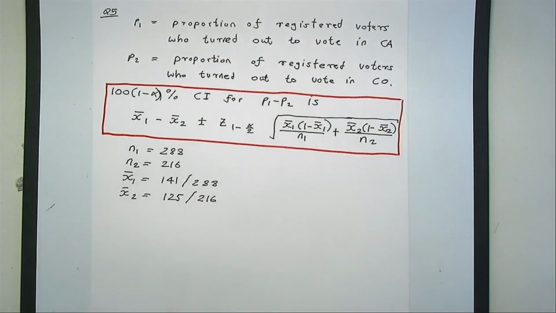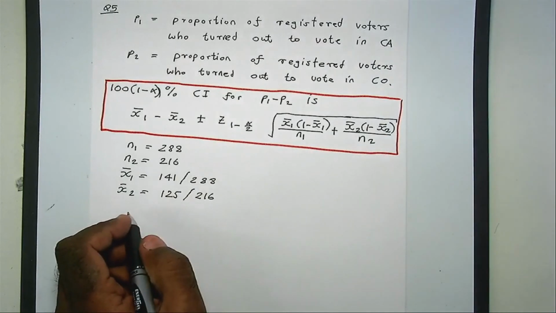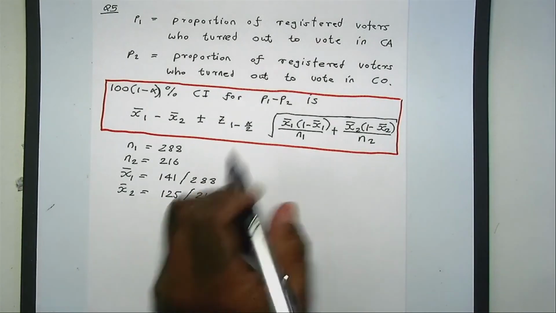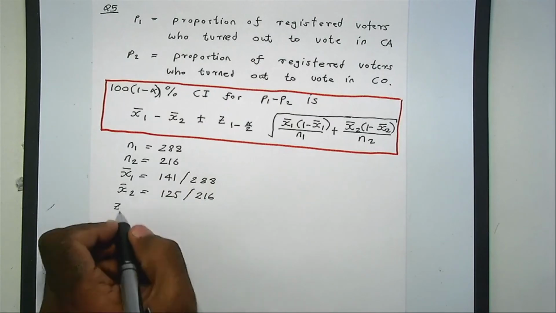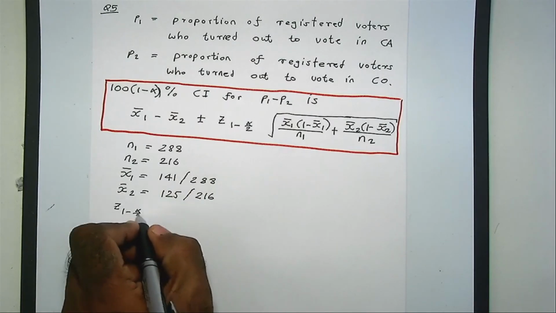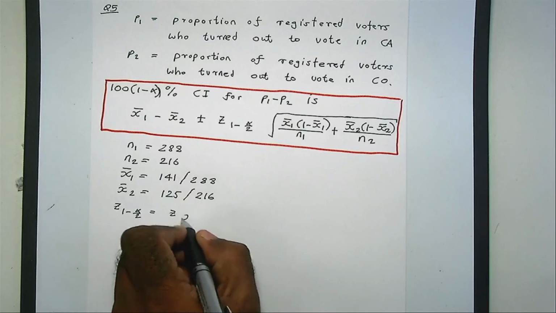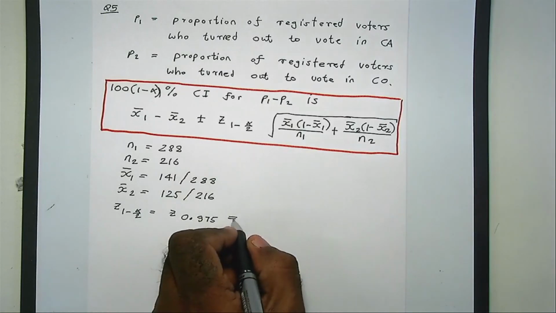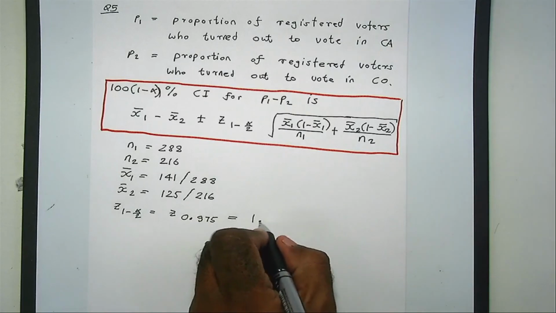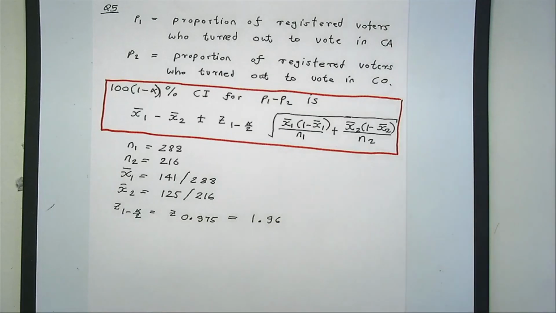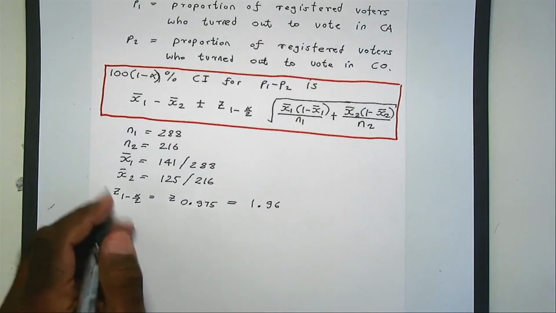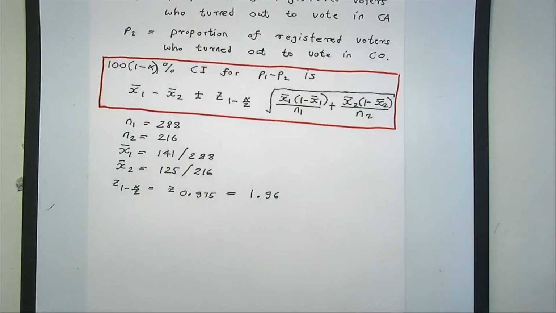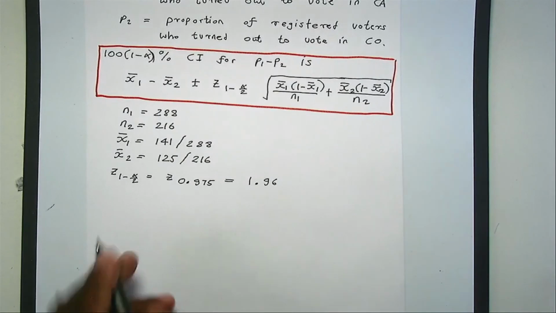We are looking for a 95% confidence interval, so your alpha is 0.05, so this will be 0.975, and this will be 1.96. So we have everything we need, so we can sub them into this formula.